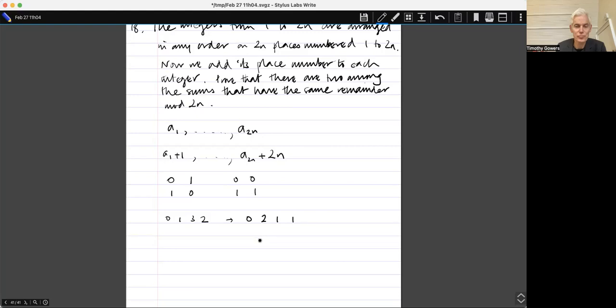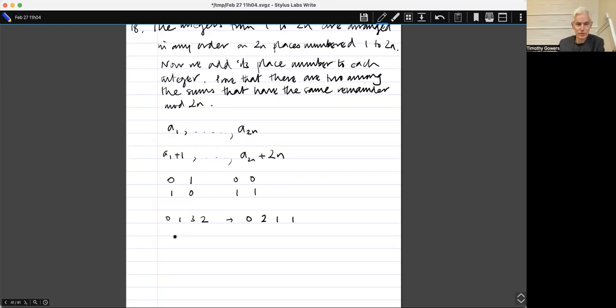Now, can I look at this in some more abstract way? So, I haven't even proved it in the case where n equals 2.